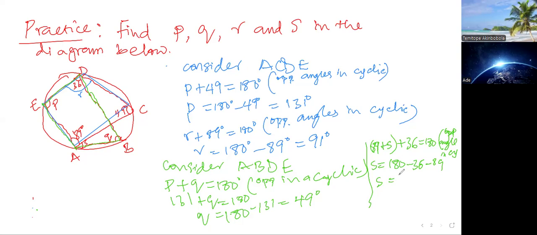Press your calculator for that. 180 minus 36 minus 89 is 55. So S is 55, Q is 49, R is 91. Do you get that now?